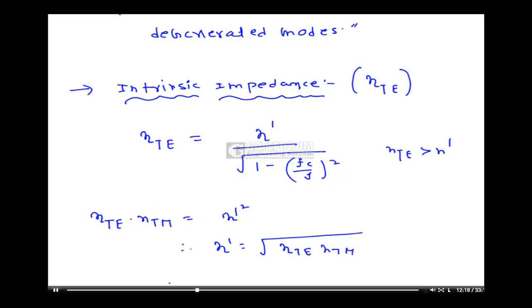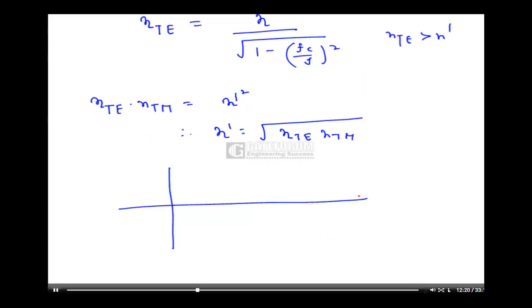If you represent it graphically, this is eta dash, this is eta TE, and this is the cutoff frequency. Eta TE is always greater than eta dash, and this is eta TM. This is eta dash, 120 pi, the reference.